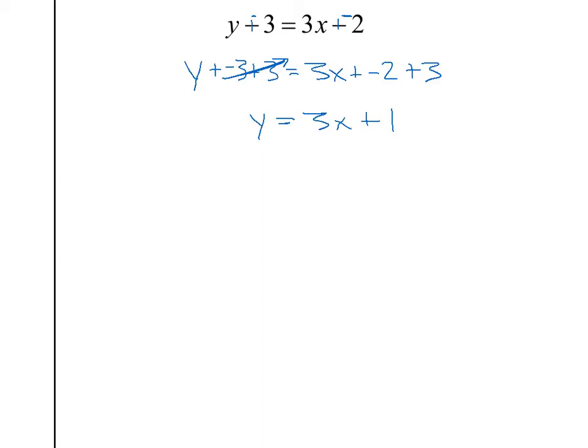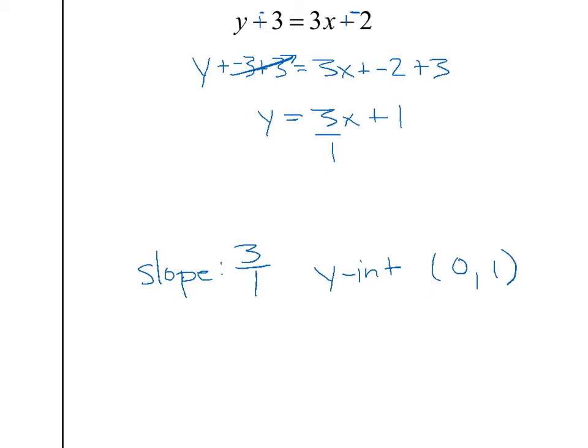So we're now in slope-intercept form. Our slope for this equation is 3 over 1. And our y-intercept, Matthew, our y-intercept is (0, 1).